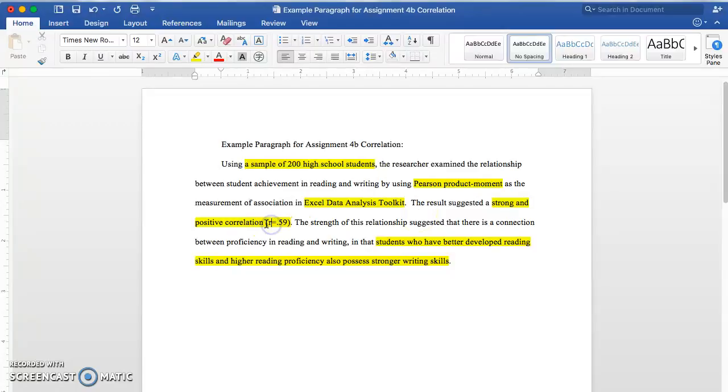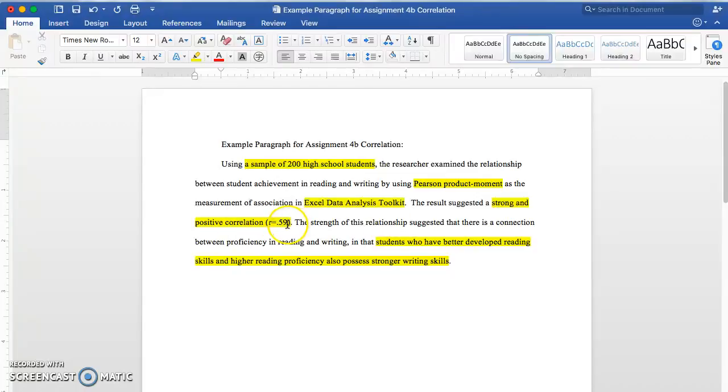And for this correlation coefficient, you need to determine whether it is a weak, moderate, or strong correlation. In our module content page 9, we have a paragraph describing the indicators, or what we call rule of thumb.